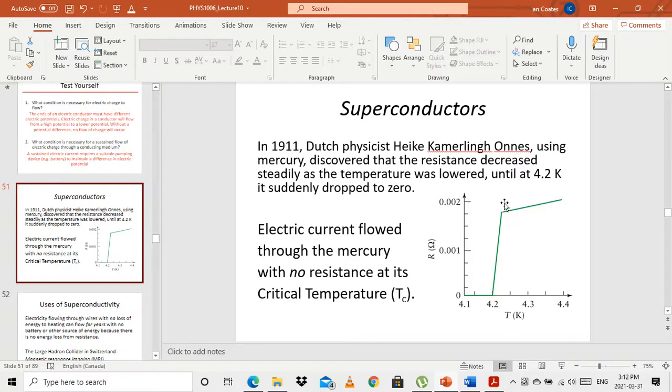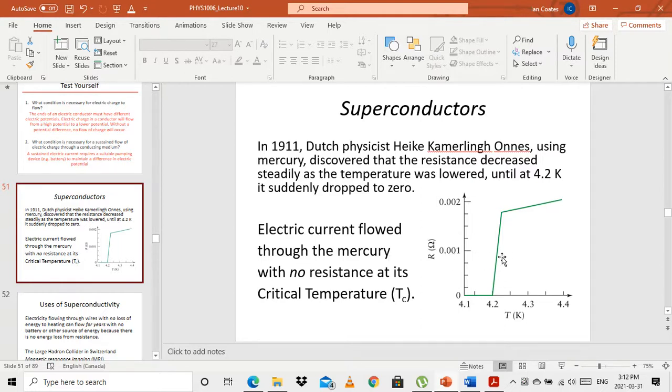So what is that? 273 minus 112... So at minus 268.8 degrees Celsius, at this temperature, this has become what we call a superconductor.